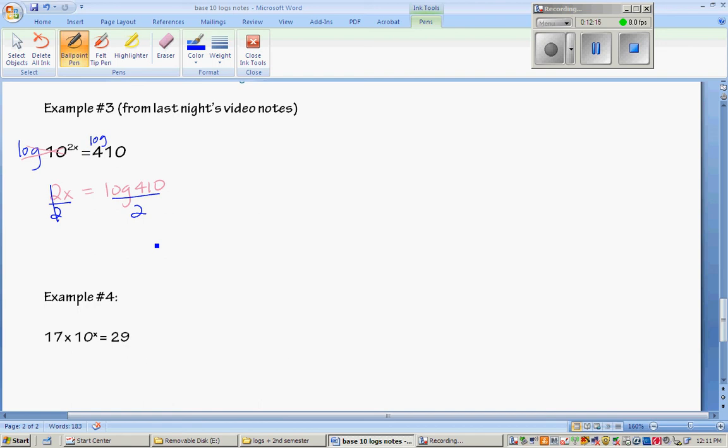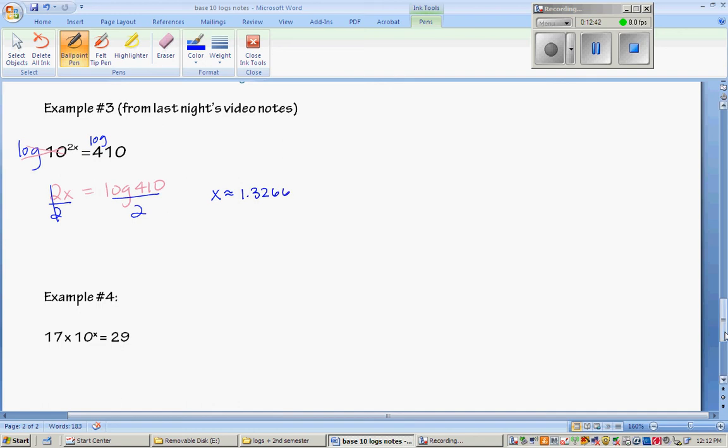If you don't close the parentheses, it's going to take the log of 450 divided by 2. So it's going to take the log of 225. That is not what we want to do. So remember to close the parentheses. And when we do that, we just get an answer of about 1.3266.